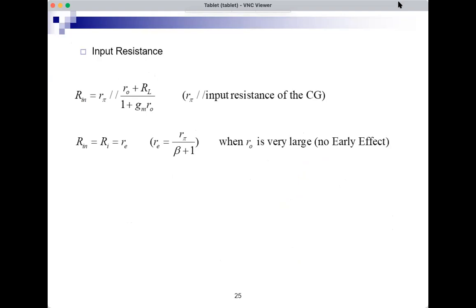When RO is very large, if this goes to infinity, then the input resistance becomes R pi over beta plus 1. Because this expression, the input resistance of common gate when RO goes to infinity, becomes 1 over Gm.